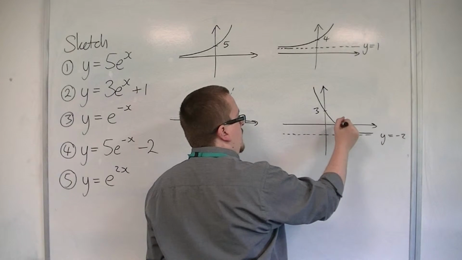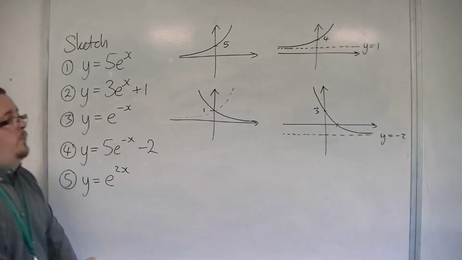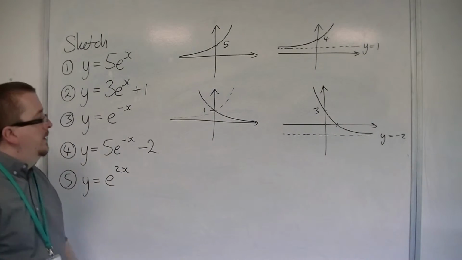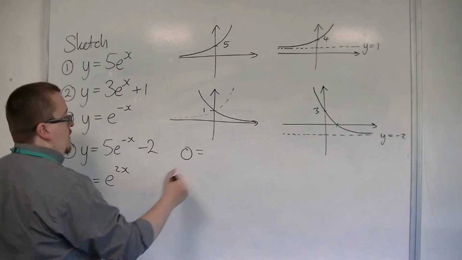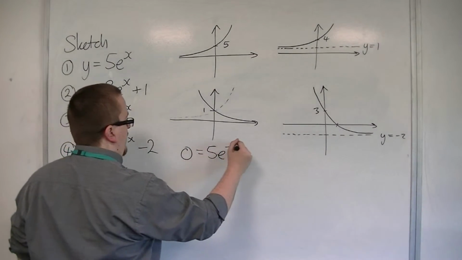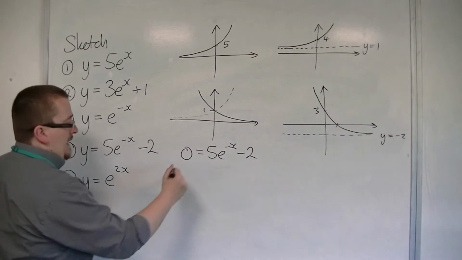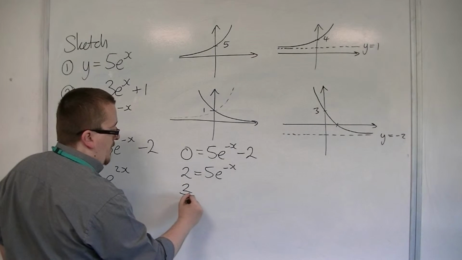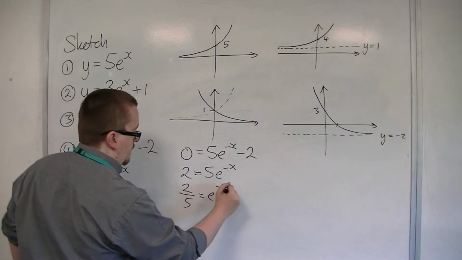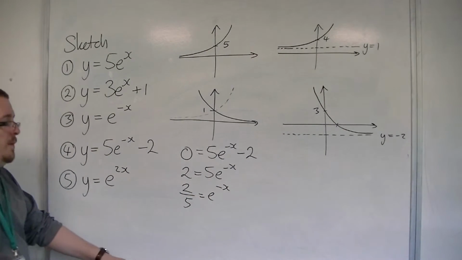crossing through 3. The only point that we don't know is that point where it crosses the x-axis. Now that's when y is 0. So if we put 0 is equal to 5e to the minus x minus 2, add 2 to both sides, divide both sides by 5, and then you can log both sides.